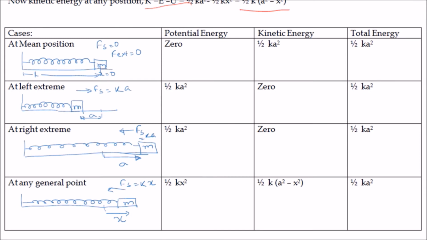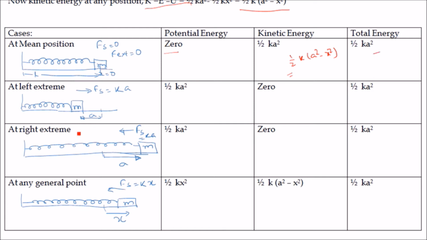The first case is at the mean position, where the spring restoring force will be 0 and the potential energy will be 0. The kinetic energy will be maximum; by the formula half k(A square minus x square), with x equal to 0, the maximum kinetic energy is equal to half kA square, and the total energy is equal to half kA square.